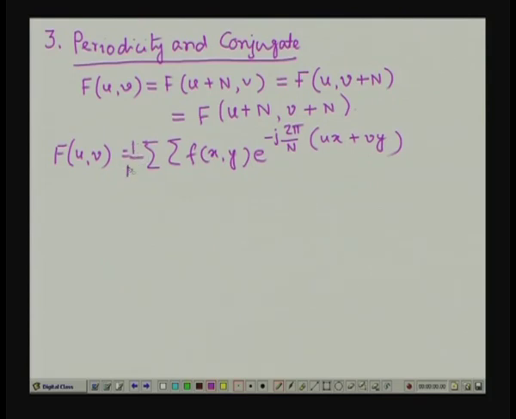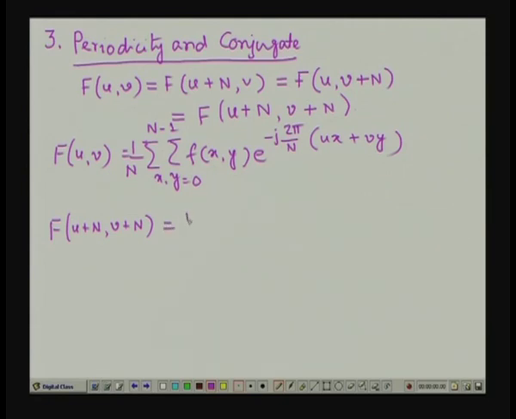Of course, we have the scaling factor 1 upon capital N, where both x and y vary from 0 to capital N minus 1. Now, if we try to compute F(u+N, v+N), then what do we get?